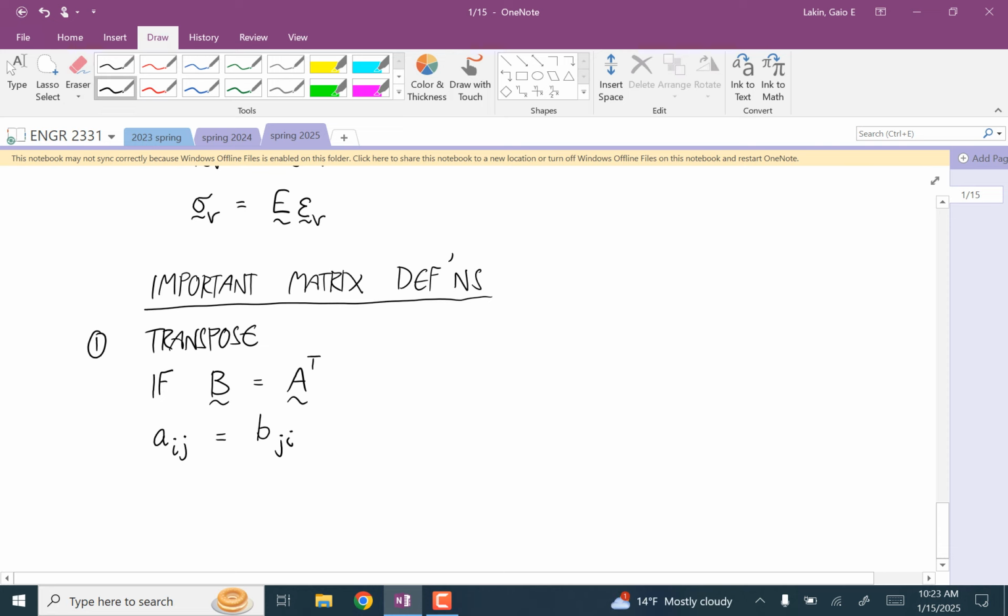Okay, so you can imagine it's pretty easy to write a little computer program that'll take the transpose of a matrix.